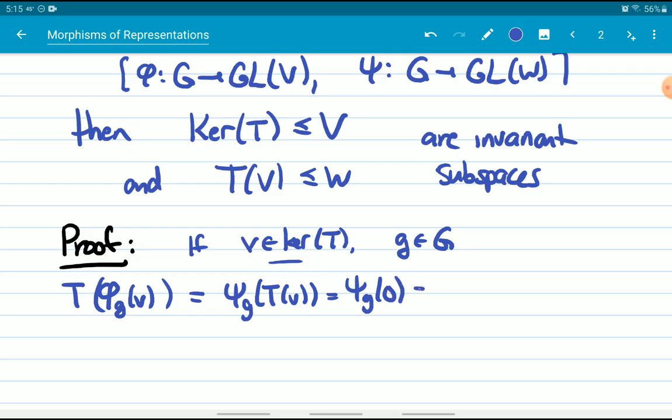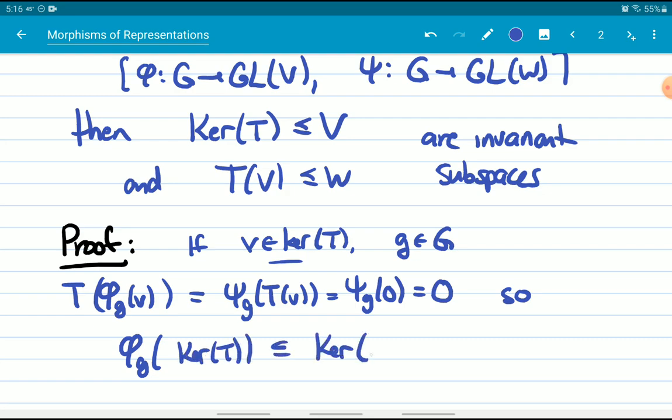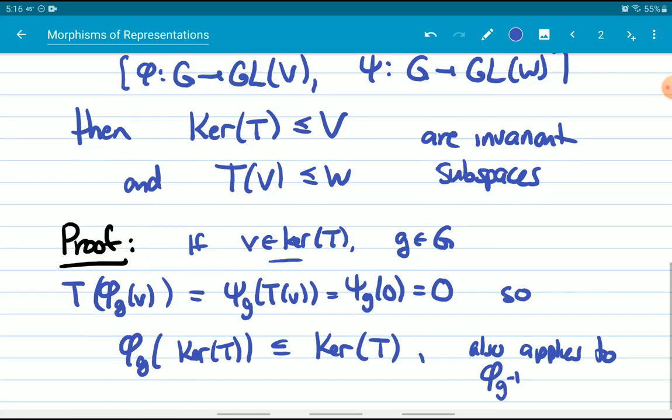And then that's 0. So phi_g carries that subspace, the kernel, into the kernel. Oh, and this also applies, by the same argument, to phi_{g inverse}. So that means I can replace this subset relation with equality.